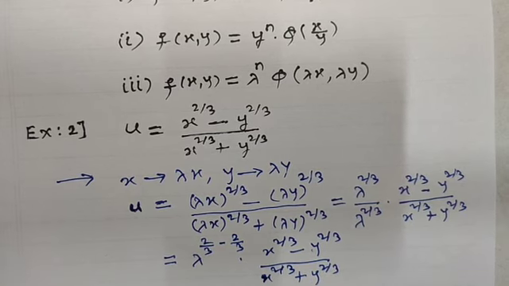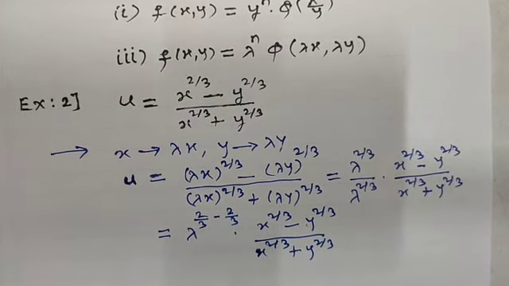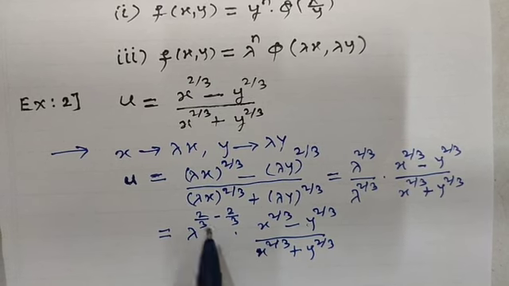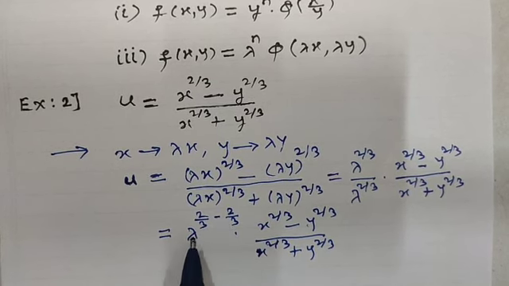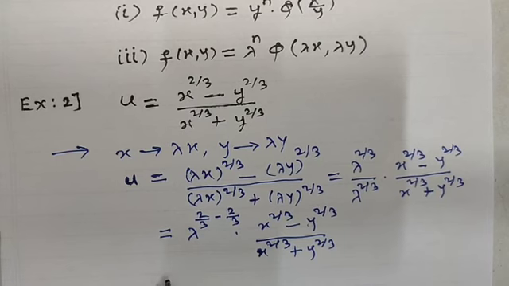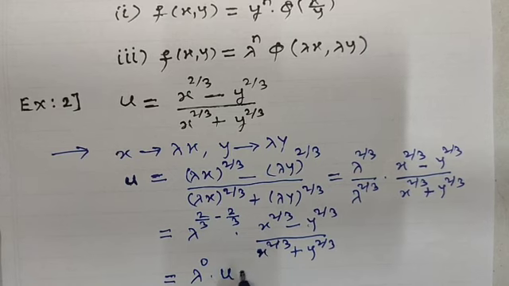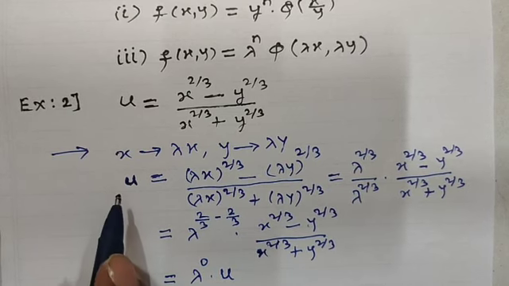Okay, and this is equal to, after simplification means subtracting 2 by 3 from 2 by 3 in the power of lambda. This can be written as lambda to the power 0 into this, which is u. Okay, lambda to the power 0 u.